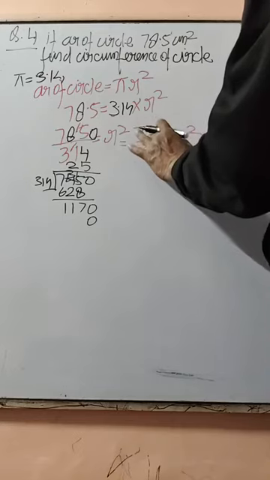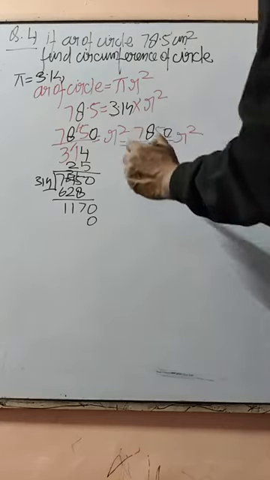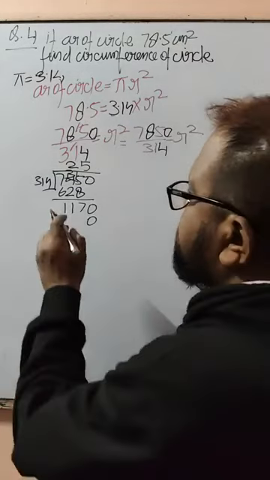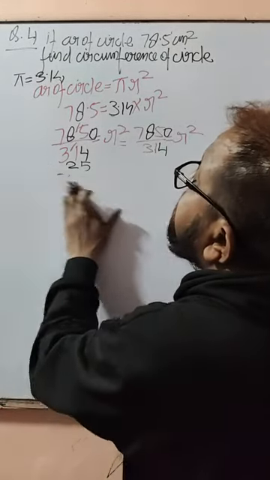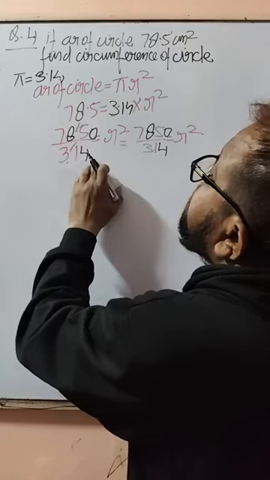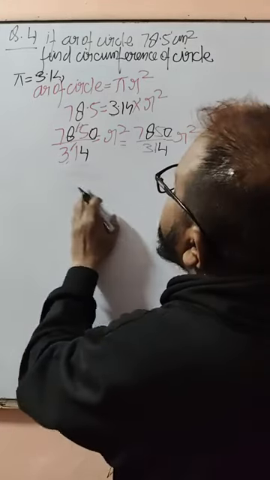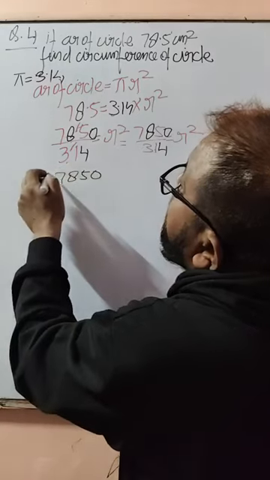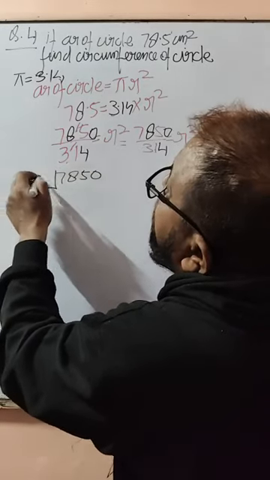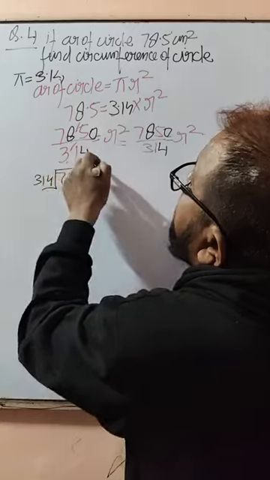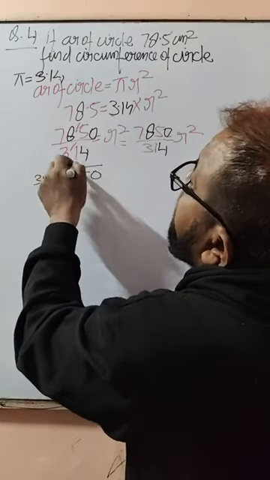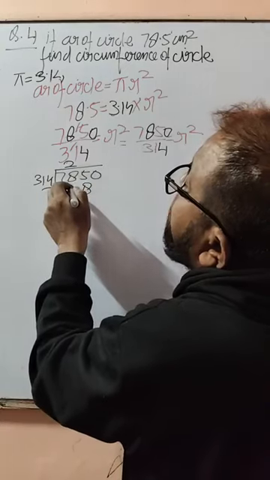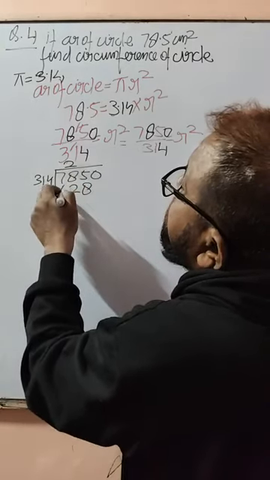So this is 7,850 divided by 314. 2 times 4 becomes 8. 2 times 1 becomes 2. 2 times 3 becomes 6.